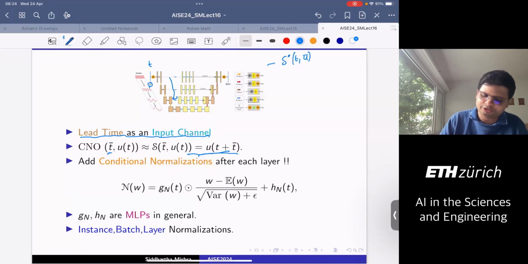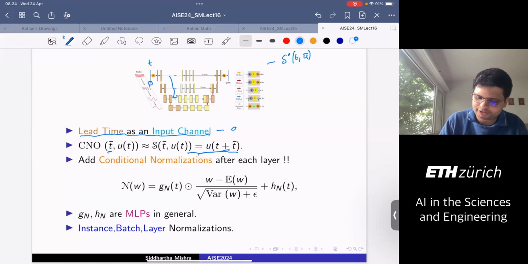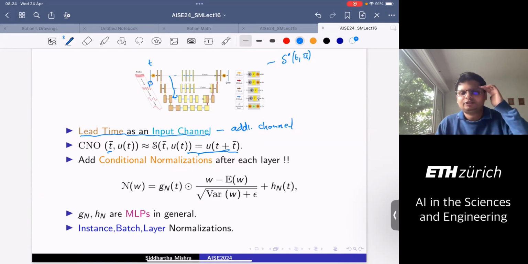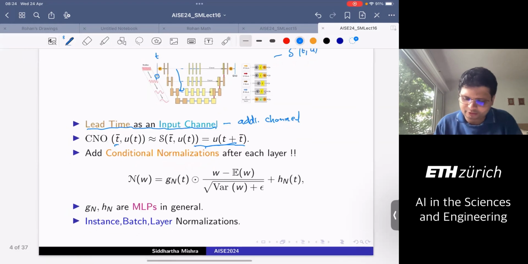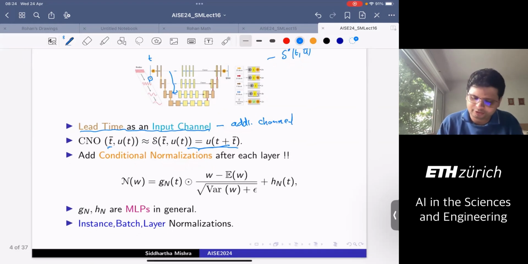So time is just an additional channel. It has to take into account the input data, it has to take into account various things. So as a consequence, you have to somehow keep the information about the time in subsequent layers. And this is where one has to add or modify what are called normalization layers.